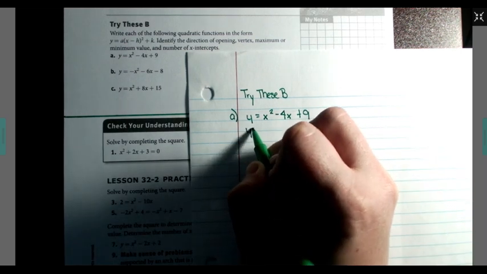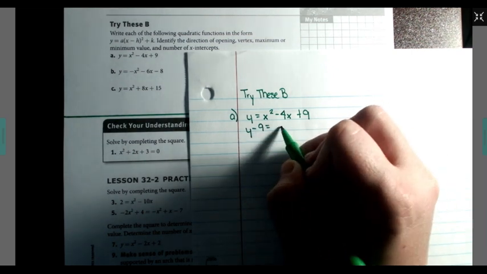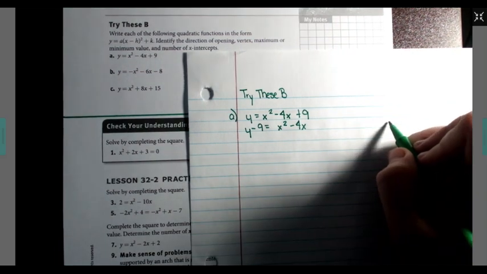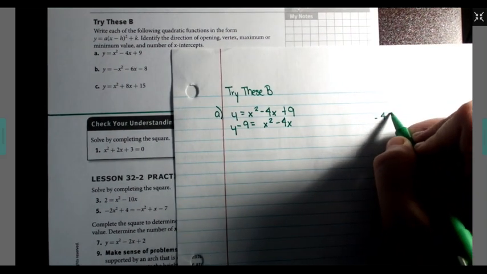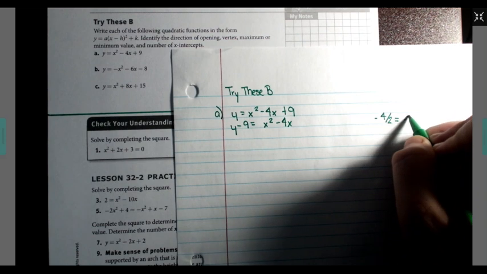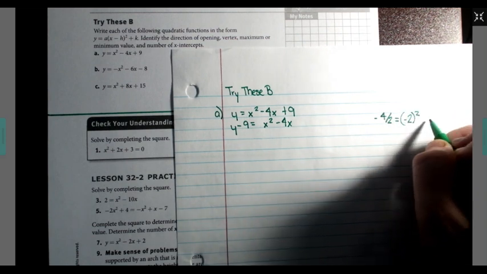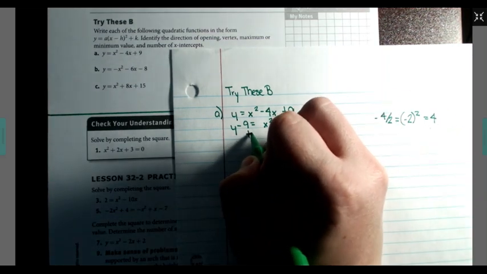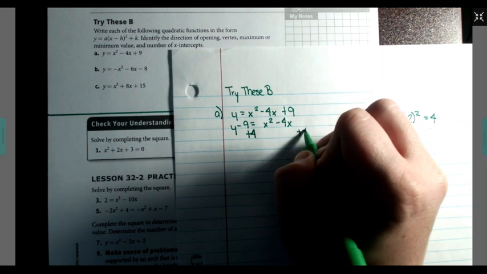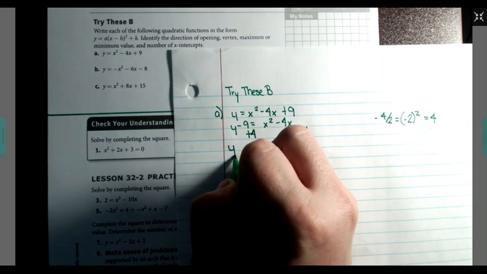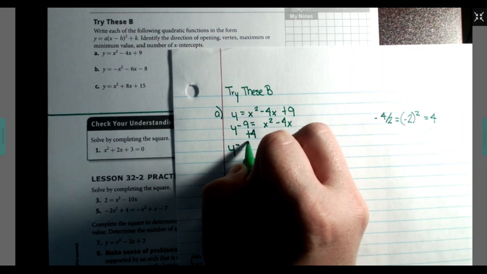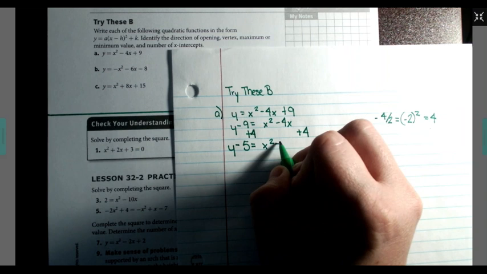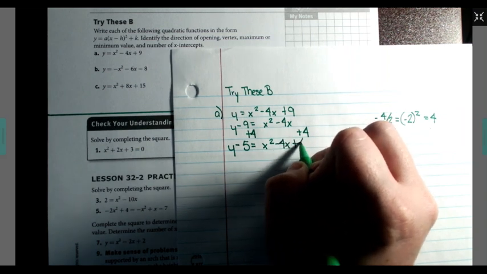So we're going to do y minus 9 equals x squared minus 4x. Off to the side, we're going to do negative 4 divided by 2. That's negative 2. We're going to square that, and that's positive 4. So we're going to add 4 to both sides of the equation. So this is going to say y minus 5 equals x squared minus 4x plus 4.